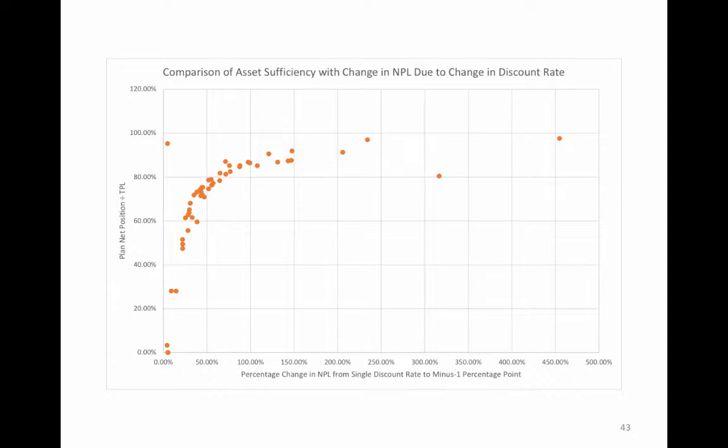And so, if you were to graph them out, as I did with a sample of about 50 or 60 governments, here's the asset sufficiency ratio over here, which can go up as high as 100%, and these are the percentage changes over here.